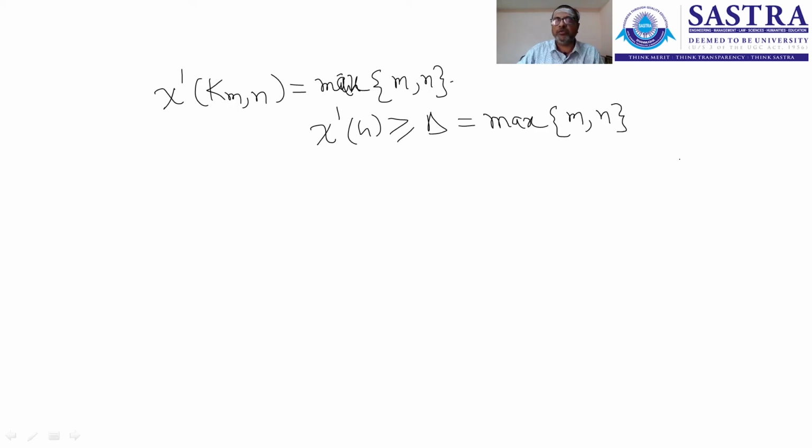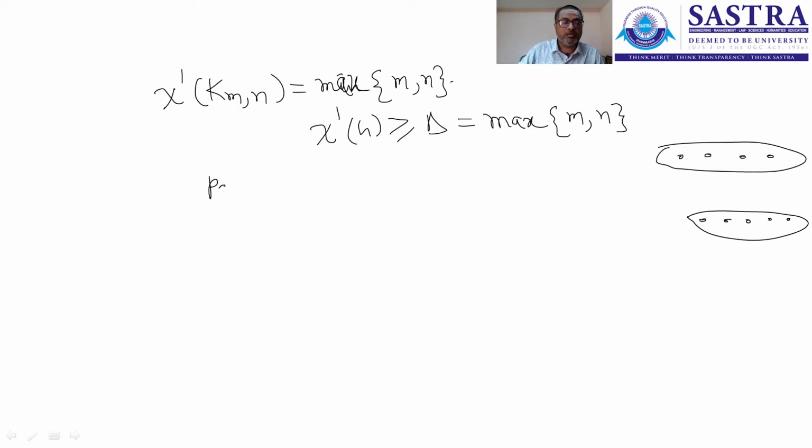Because here you have m vertices in one partition and n vertices in another partition, you have to select the maximum of these. So in this case, delta will be greater than or equal to the maximum of this. Now what you can do is paint the edges incident with one vertex.